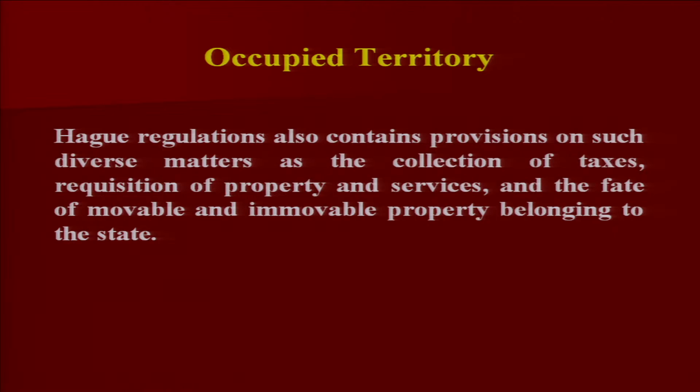So the collection of taxes and the rights related to property, whether movable or immovable, are covered by the Hague Conventions, mainly the Hague Conventions of 1899 and 1907. These conventions mainly deal with these issues.